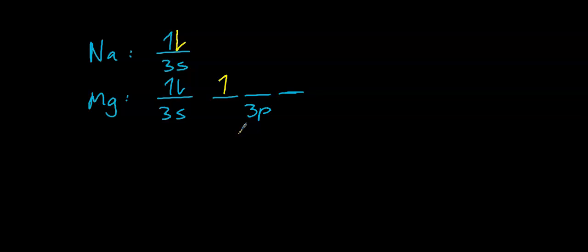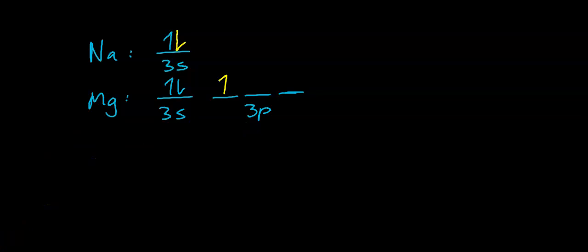So even though magnesium has a higher nuclear charge, because the electron being gained goes in a higher energy sublevel, magnesium has a lower electron affinity. So be careful with that one. It's easier to remove an electron from a higher energy sublevel, ionization energy. It's harder to add an electron to a higher energy sublevel, electron affinity.